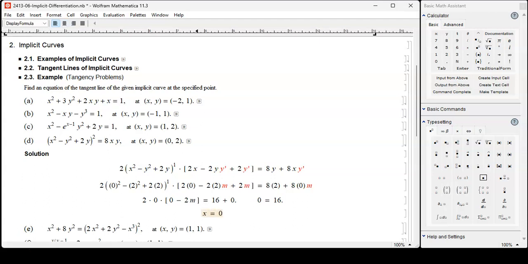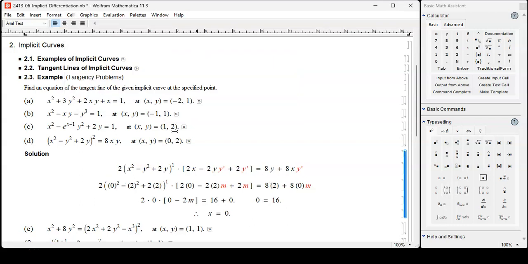A vertical line. X0 is 0 in this case. So that's the equation of the tangent line. Slope is undefined, that means it's a vertical line. And whatever x0 value, you're going to get that. In this case, x equal to 0.